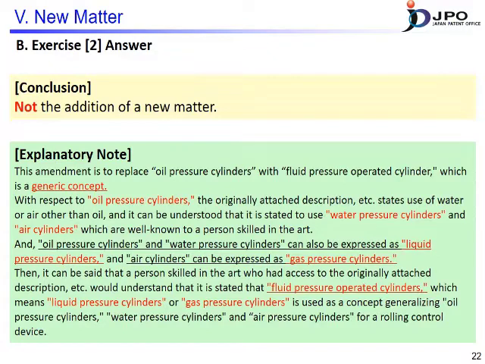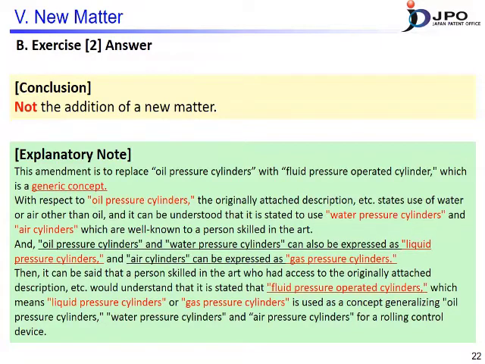And it can be understood that it is stated to use water pressure cylinders and air cylinders, which are well known to a person skilled in the art. And oil pressure cylinders and water pressure cylinders can also be expressed as liquid pressure cylinders, and air cylinders can be expressed as gas pressure cylinders.